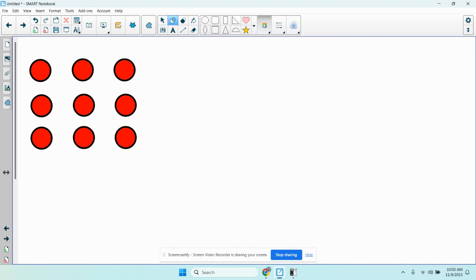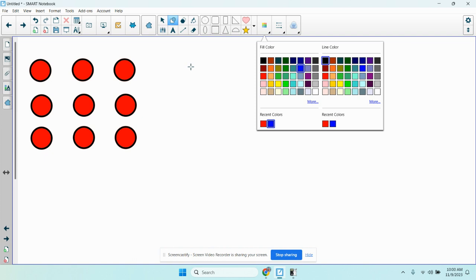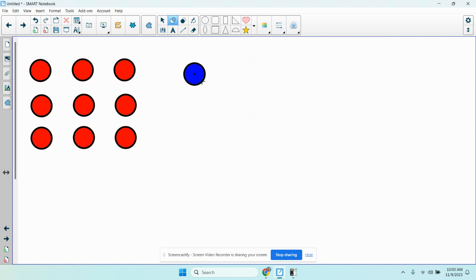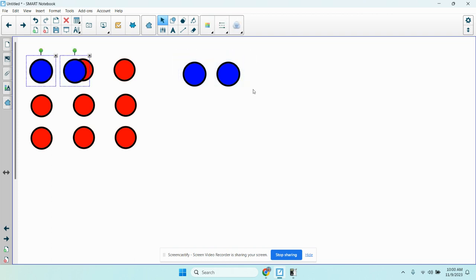And then let's do this with blue marbles. And I have 6 blue marbles.